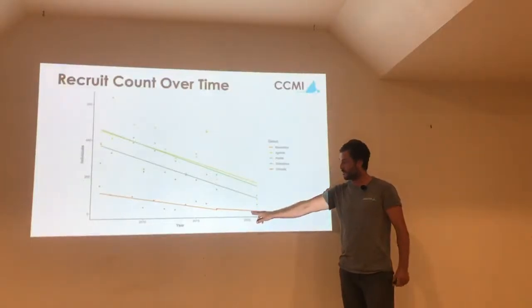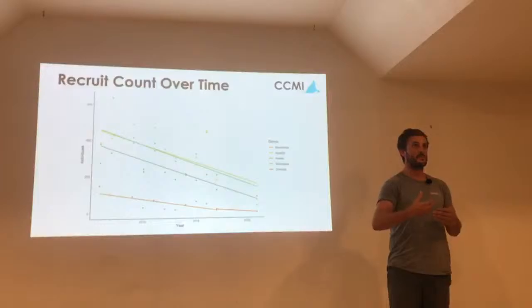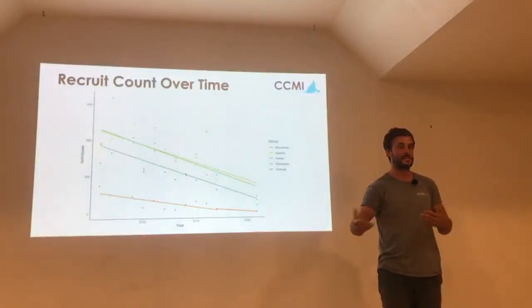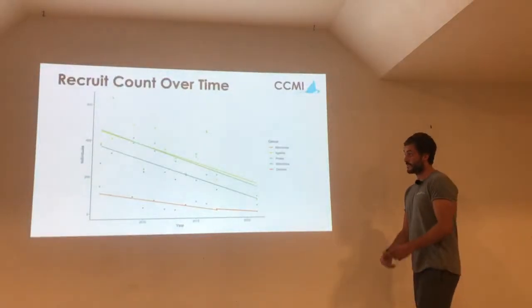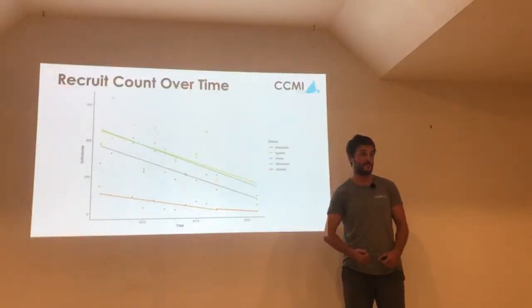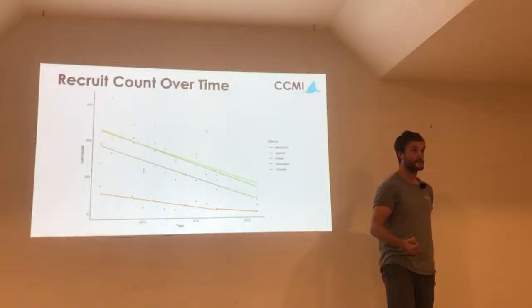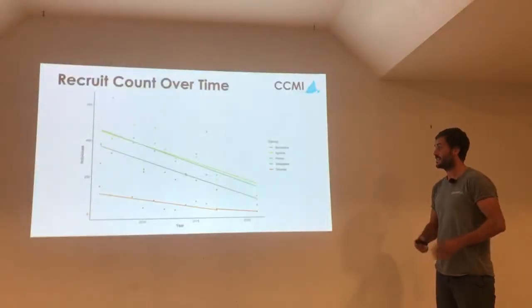But we've not got any recruits to build it back, so we could be facing local extinction of species in this way. You've obviously got other events, storms, which can really hammer the corals, bleaching events, disease outbreaks, anything like that.